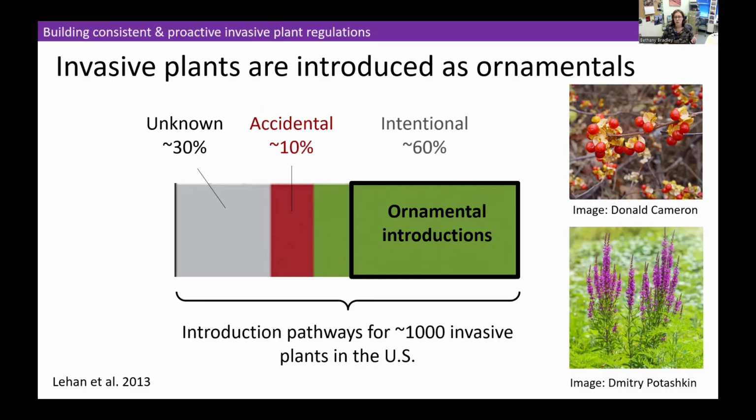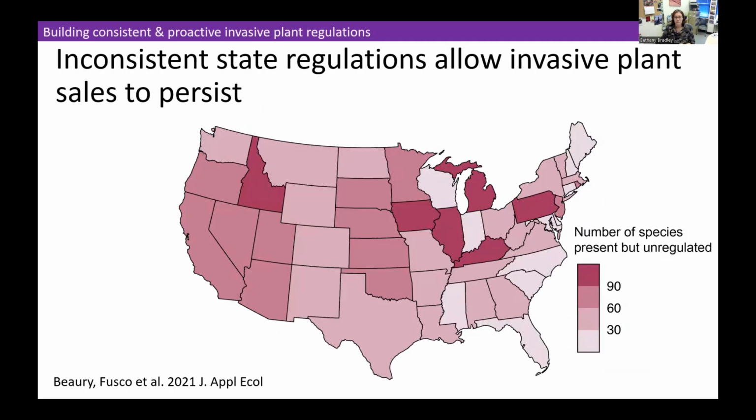So that's how we end up with, in the Northeast, plants like bittersweet and purple loosestrife, because they had ornamental value and then escaped cultivation. Because the majority of invasive plants are introduced as ornamentals, prohibiting the sale and propagation of invasive plants is a really effective method for reducing plant invasions.